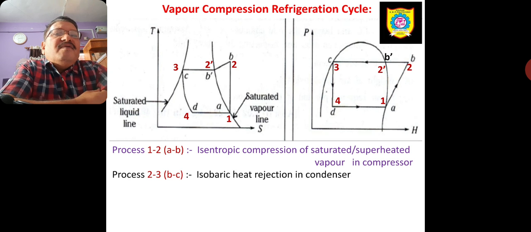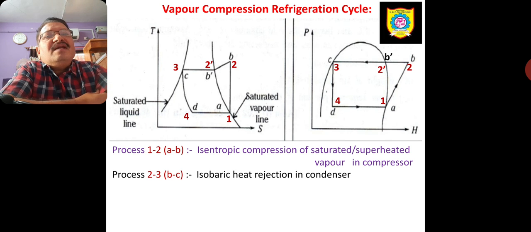So if we cool the refrigerant which is present at point 2, that is the superheated condition, then first of all the condition of the refrigerant vapor will change from superheated to saturated, and the temperature will be reduced from T2 to T2 dash.